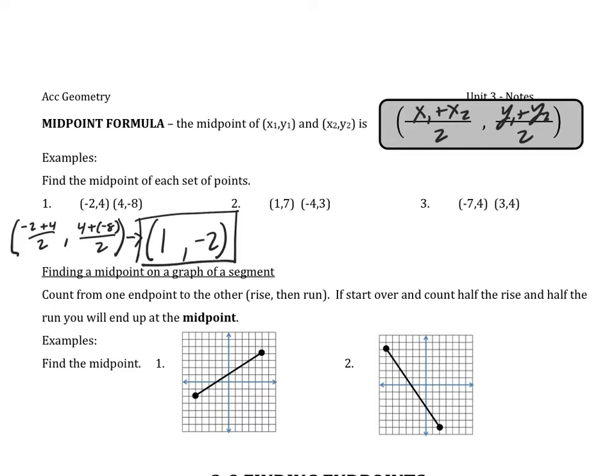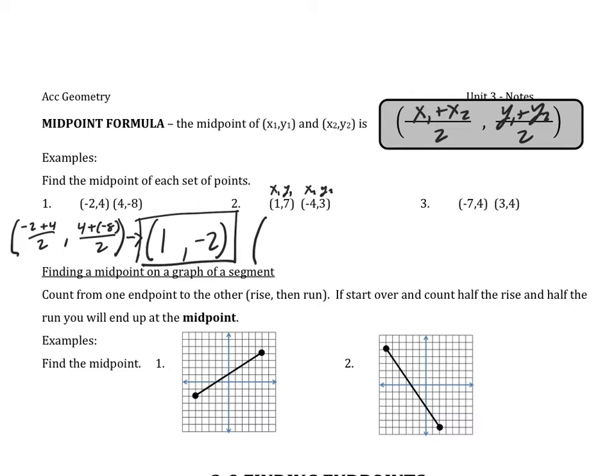Okay. We'll do one more. So again, plugging into the formula, very carefully, remember that the first values in these points are your x's. So 1 and -4 are your x values, and then the second value in each point, so 7 and 3, those are your y values.